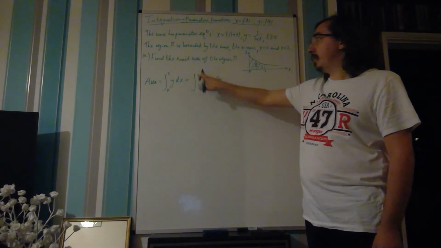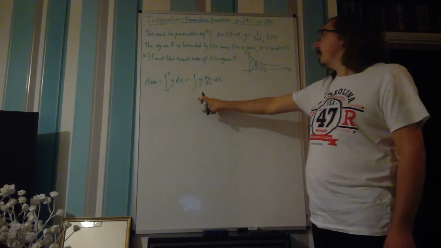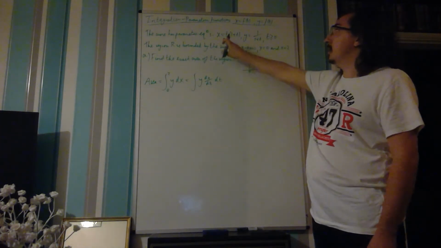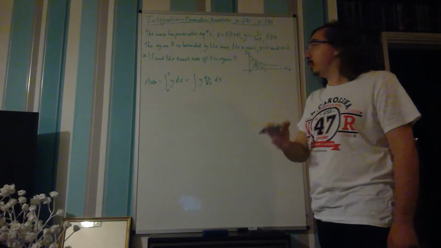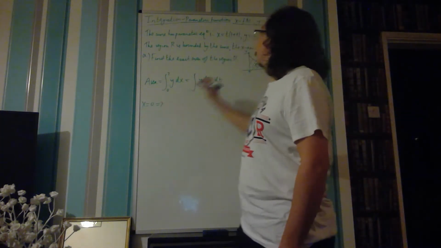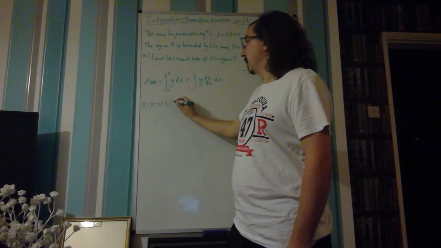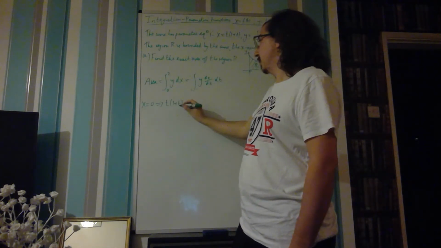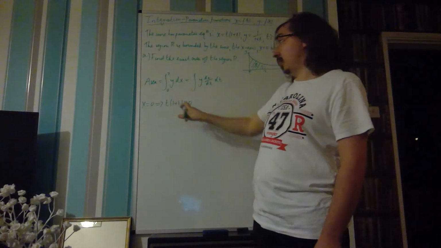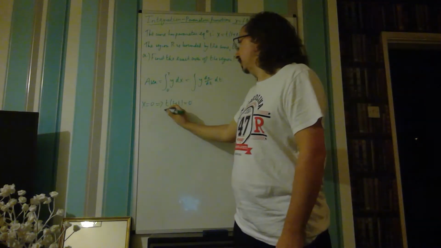So let's start off by trying to find our limits then. Well, we're given limits in terms of x, and we're given an expression for x. So let's put those two things together. When x is equal to 0, we can say that t times (1 plus t) is equal to 0, which is already factorised for us, which is really nice.